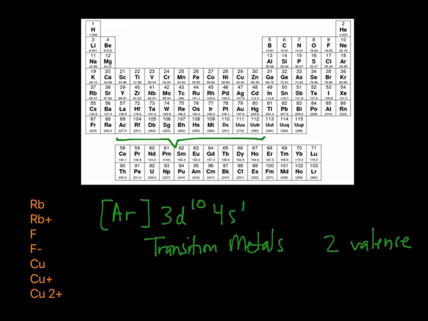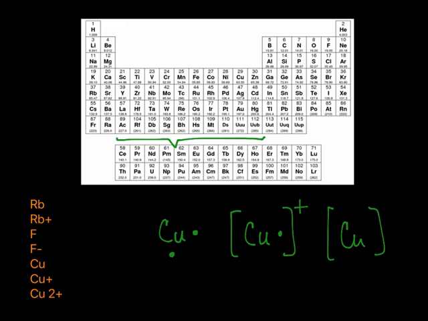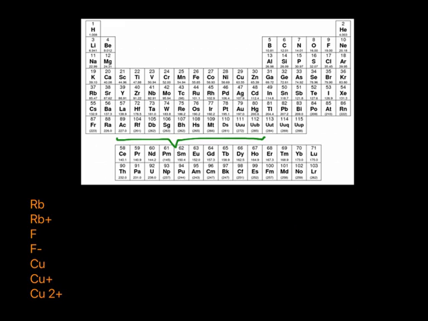So for copper, this would be copper. Copper plus 1 is just removing one electron, so this is copper plus 1. And copper plus 2 is simply removing another electron. Again, you don't have to know about electron configuration just yet, but it is helpful when looking at the transition metals. I will have a video on electron configuration that will help you figure this all out.